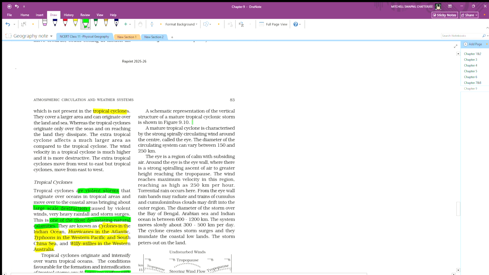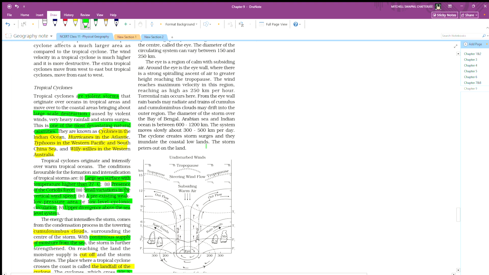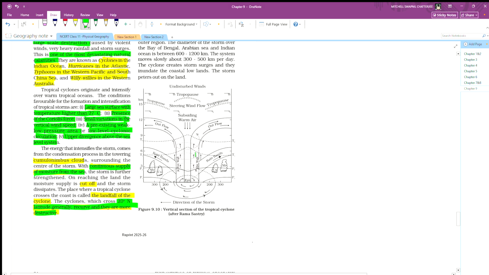A schematic representation of the vertical structure of a major tropical cyclone is shown in figure 9.10. So let's see, this is the troposphere, and this is the undisturbed wind. This is the direction of the storm, and it is anti-clockwise.